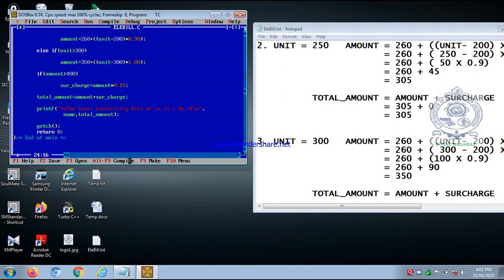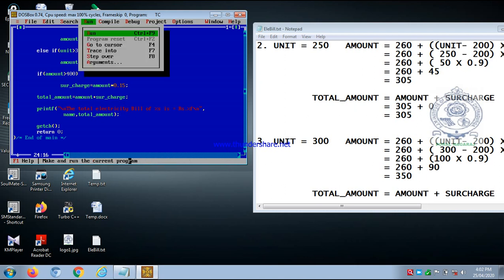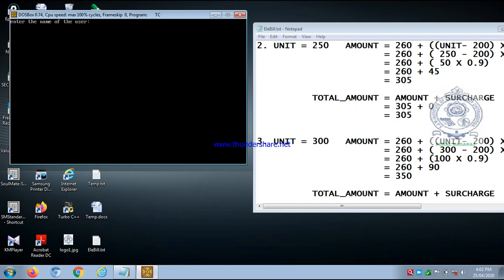Then let us run it once again. Enter name of the user, Usha. Enter total consumed units. Let us give 300. So for 300, what is the total amount? The total electricity bill of Usha is rupees 350.